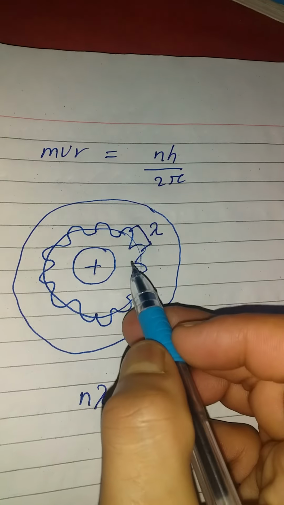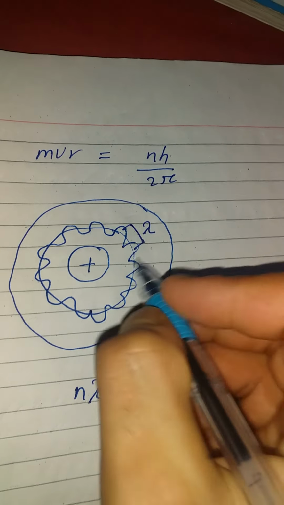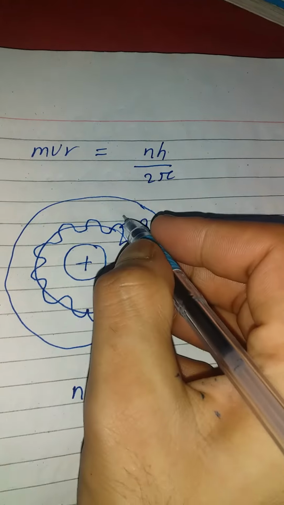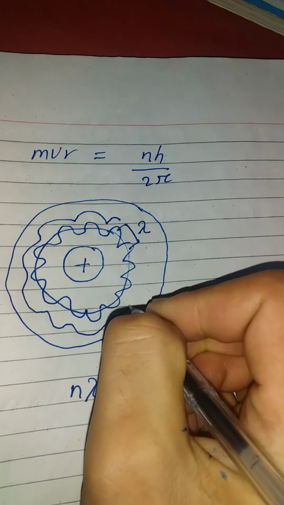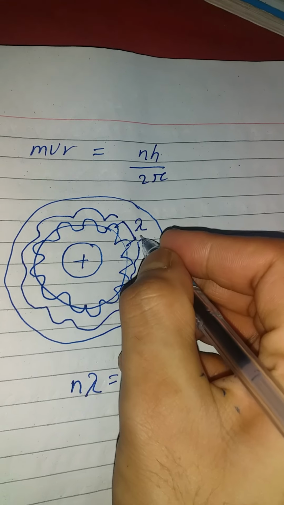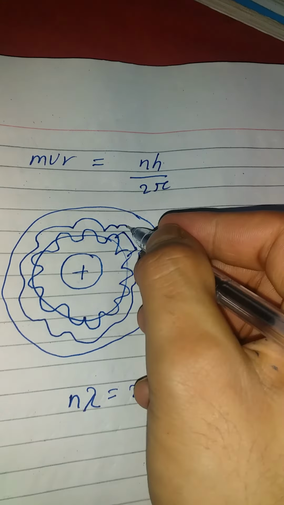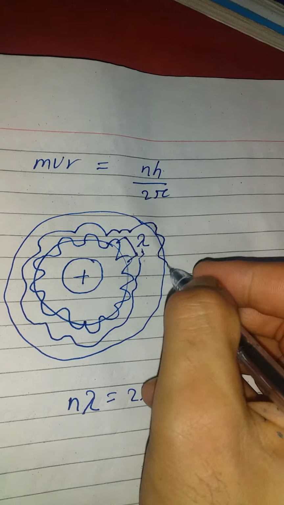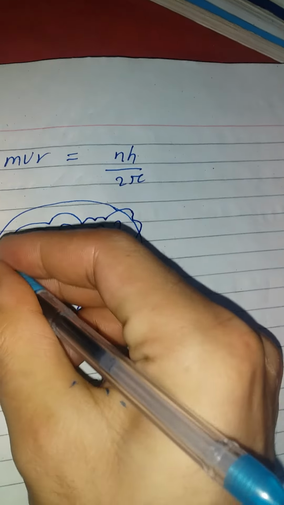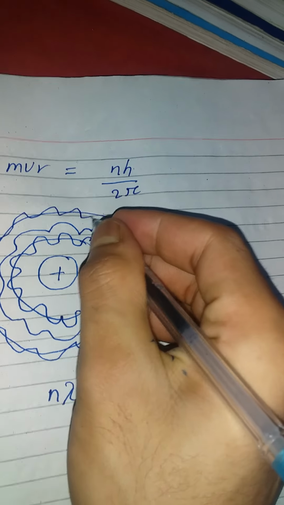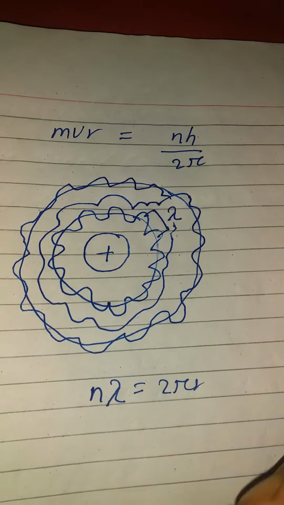So n lambda, if for example let's draw another wave, if an integer value doesn't come from the equation, then what happens is that the electron gets excited and transfers into another orbit, and then it starts to revolve in another orbit. So the most important thing is that n should be a proper integer.